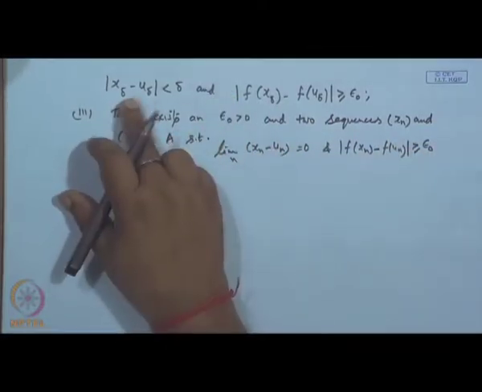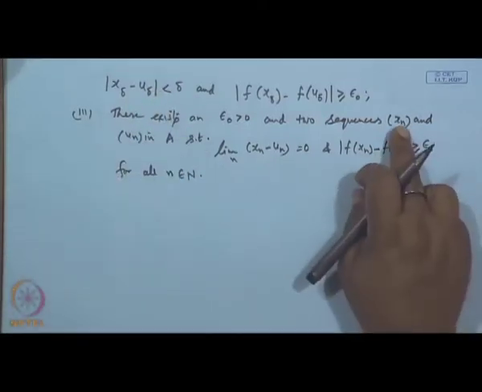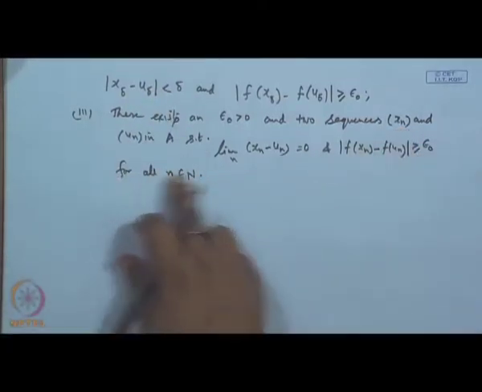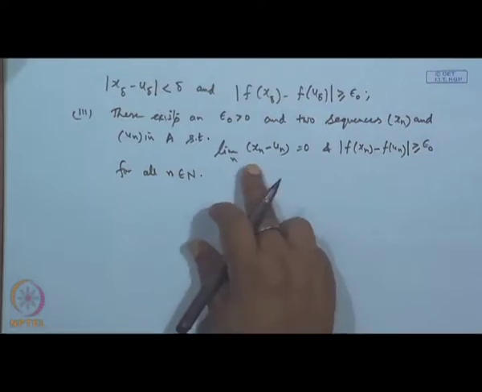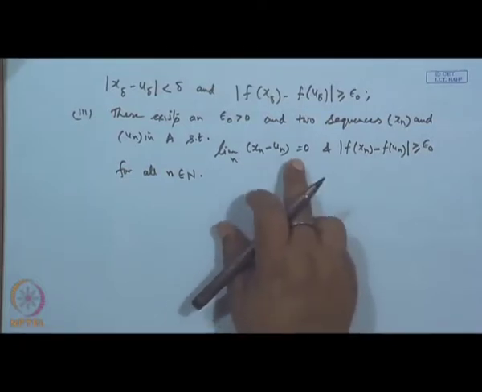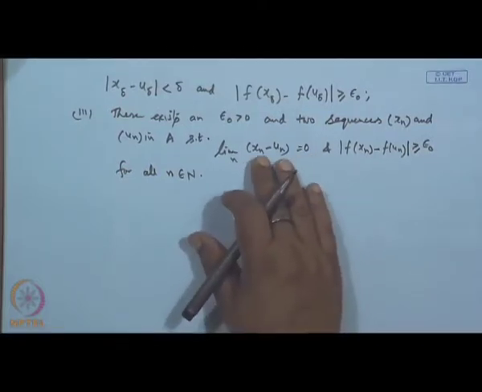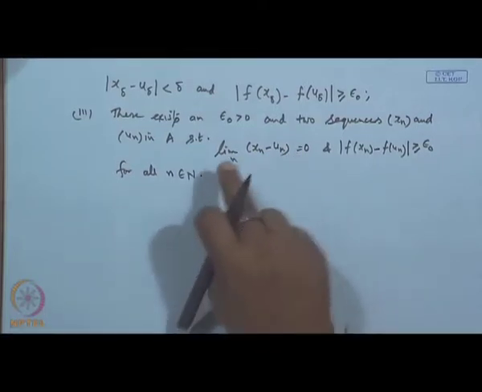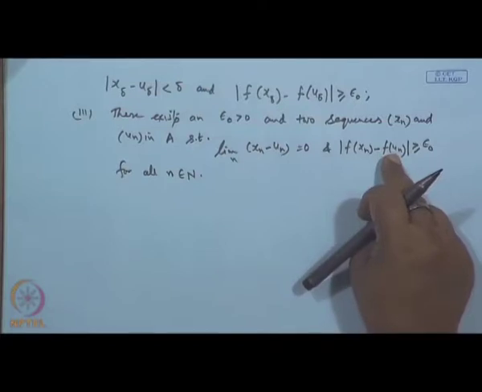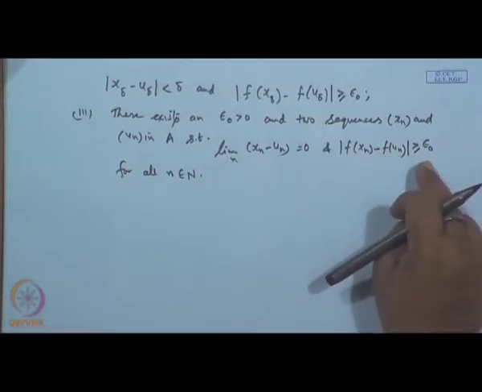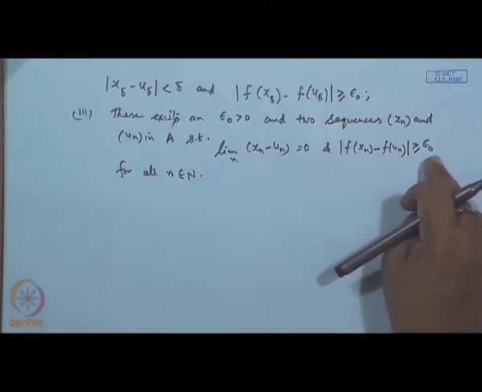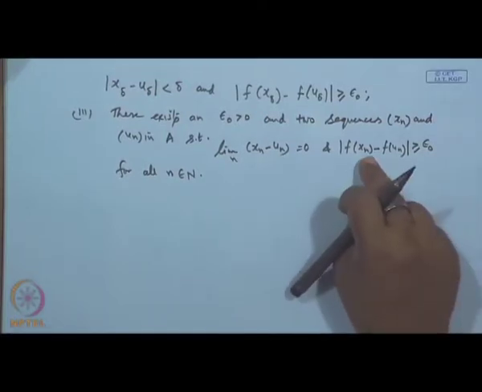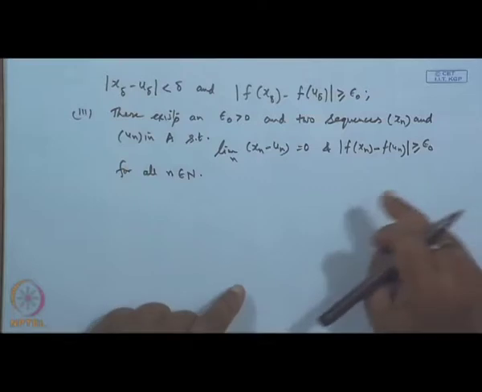Instead of choosing two arbitrary points, we pick two sequences x n and u n such that the difference tends to 0, meaning x n and u n are very close to each other as n is sufficiently large, but the corresponding images are not close, the difference being greater than or equal to some positive number epsilon naught. Then we say the function f is not uniformly continuous.